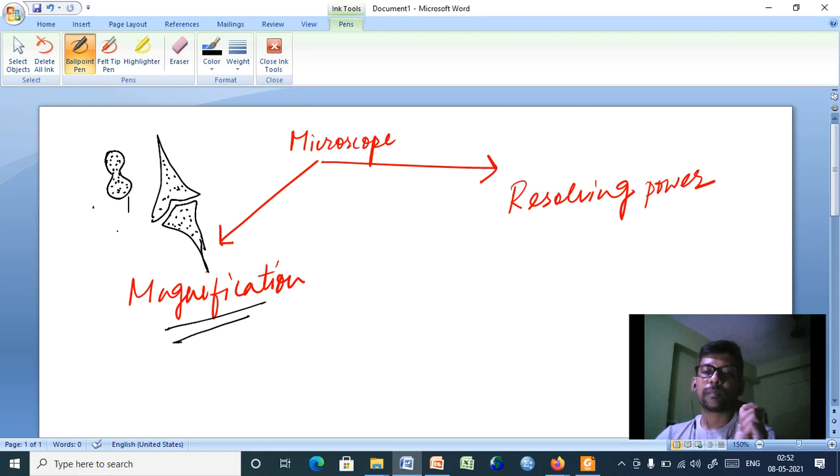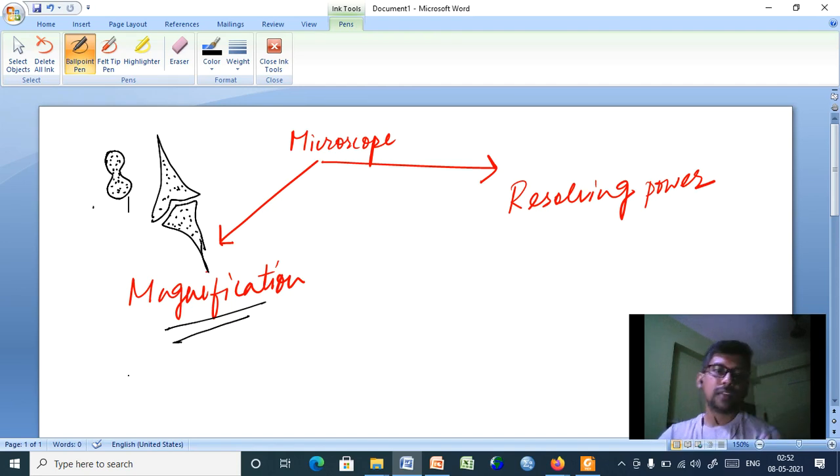And we can simply calculate roughly the magnification strength of any microscope by simply multiplying the strength of the ocular lens and the objective lens.